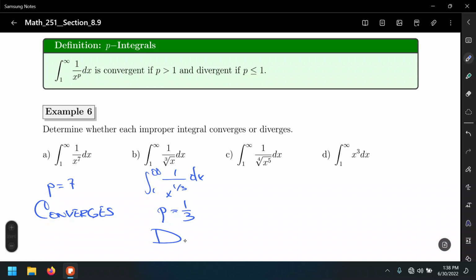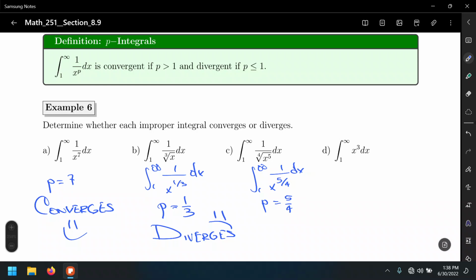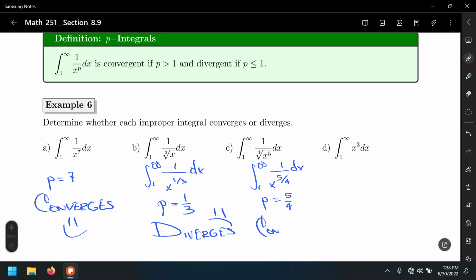Diverges, right? Okay, let's do another one. The integral from 1 to infinity, x to the 5/4. In this case, p equals 5/4. Converges or diverges? Converges.